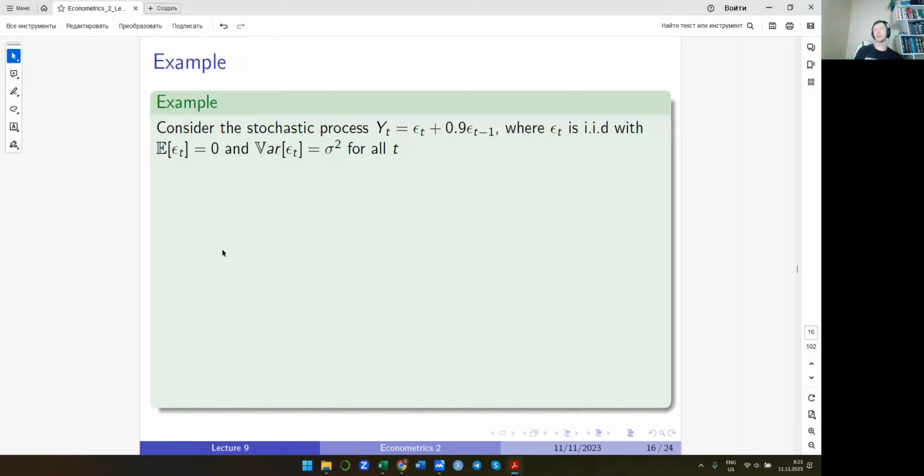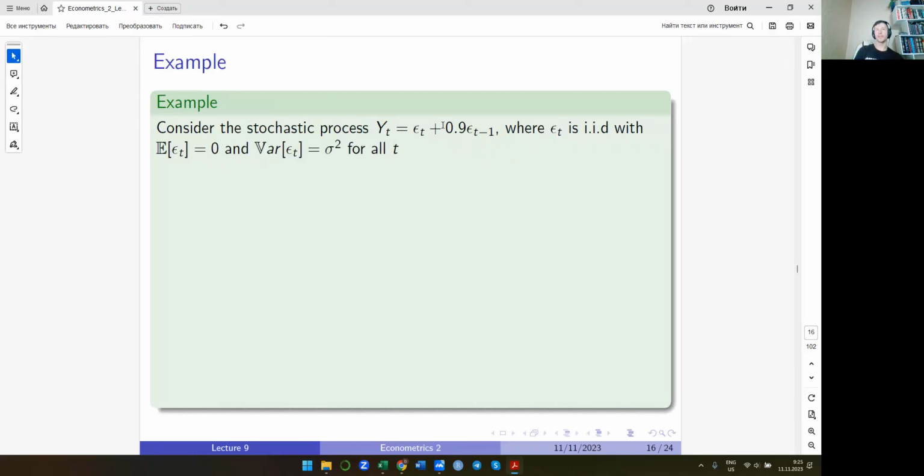So here is an example. Suppose you have a stochastic process, yt, constructed as the following. For now, I am not talking about what kind of stochastic process this is, how it is called, or why we are considering it. All of this we are going to talk about in the next lecture that follows this one.